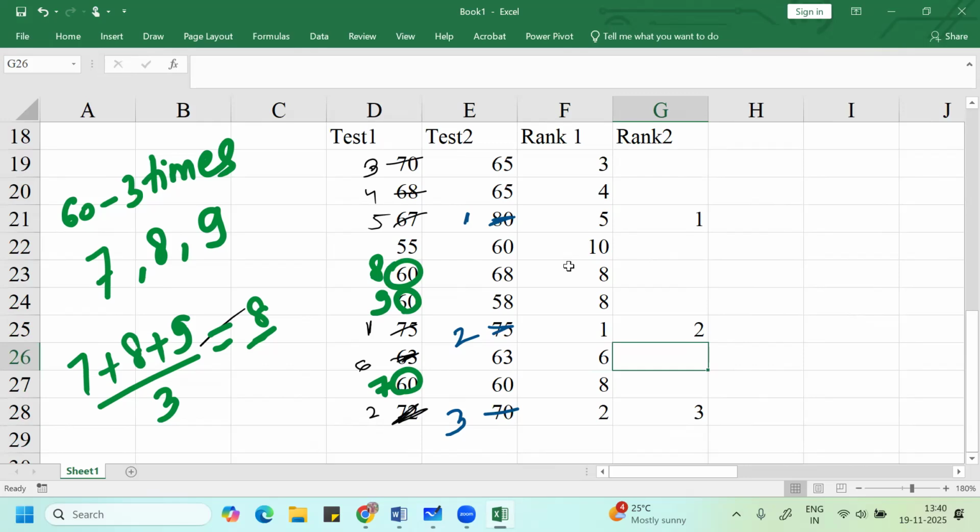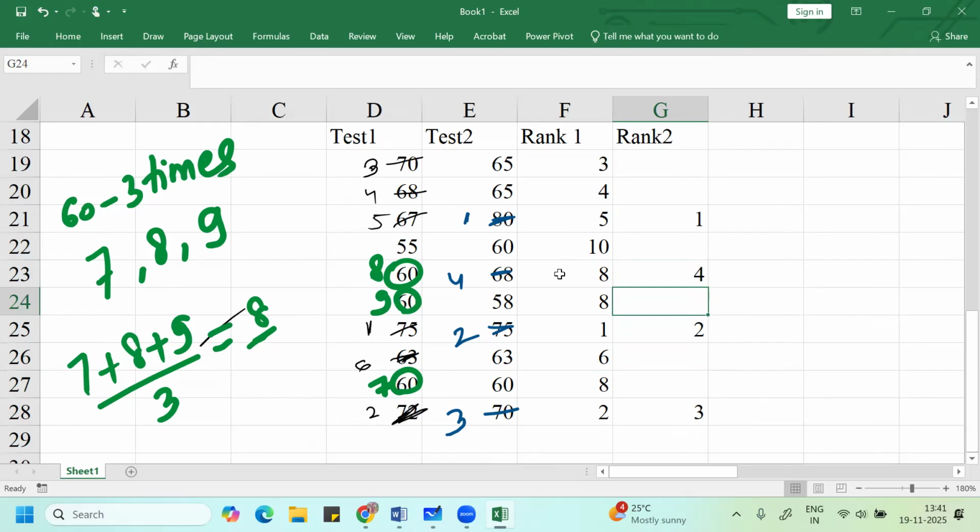After 70, I can see 68. 68 would be rank 4.